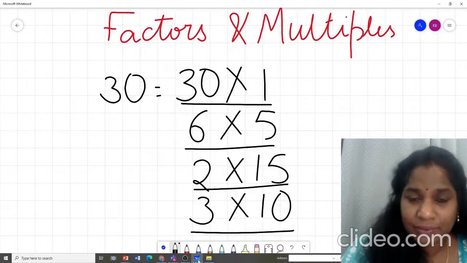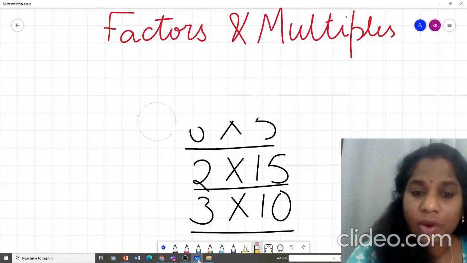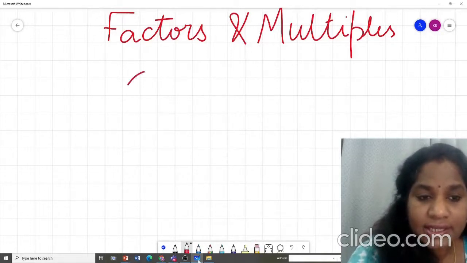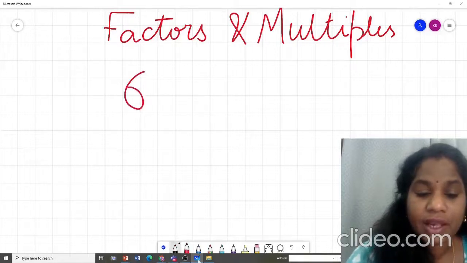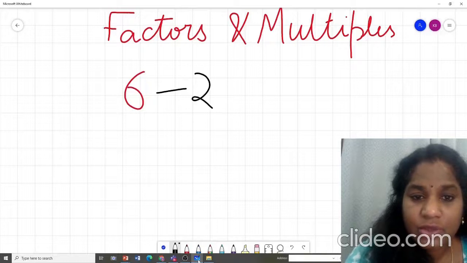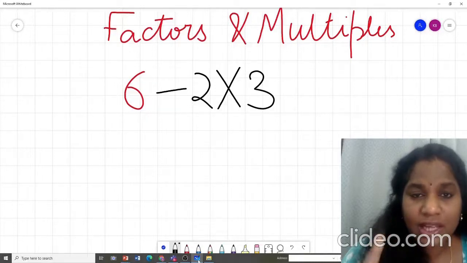Is it clear? Let us take one more example of a small number. Which number we will take? Let us take 6. 6 is what? Can I say 2 into 3 is 6? That means in 2's table as well as in 3's table 6 comes.